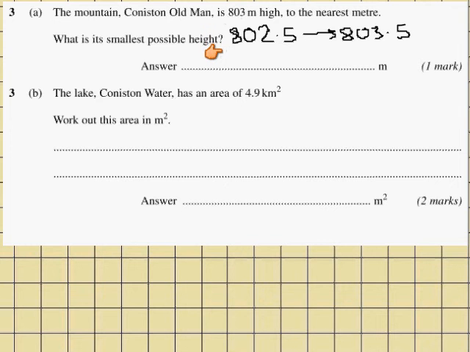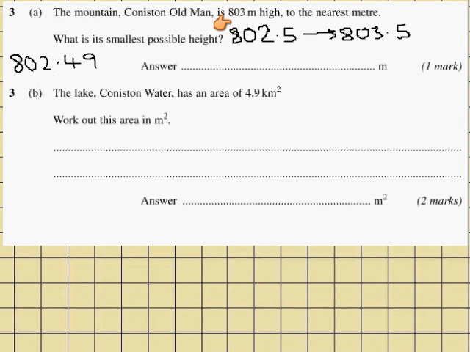If we had a value of, let's say, 802.49, and we were rounding this to the nearest meter, well, this 2 is the meter units, so we would have to look to the number to the right. If it's 5 or more, we'll round up. If it's 4 or less, we'll keep this the same. It's 4 or less, so we'll be keeping this part the same, rounding down, and it will just be 802.